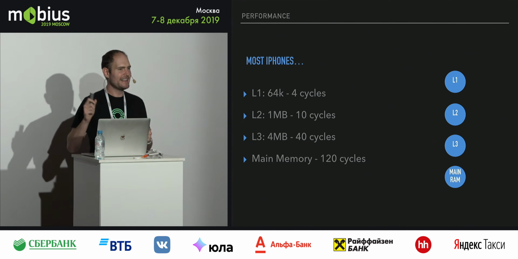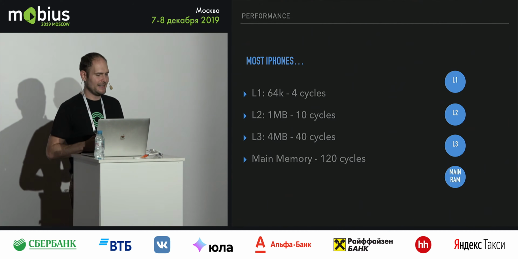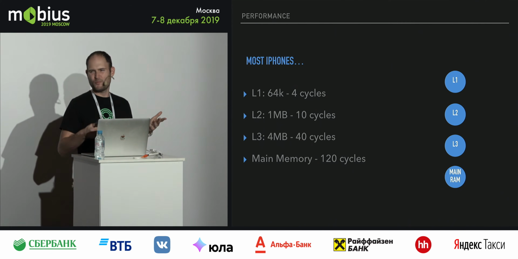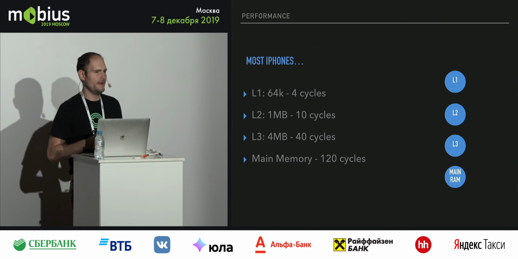That's kilobytes of memory in L1. L2 is 1 megabyte, and that takes 10 cycles, so it's about 2.5 times slower. L3 has 4 megabytes, and that takes 40 cycles to access. Main memory has about 1.8 gigs, and it takes 120 cycles, which is about 30 times slower than L1.